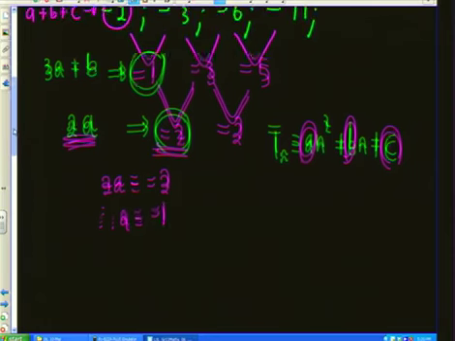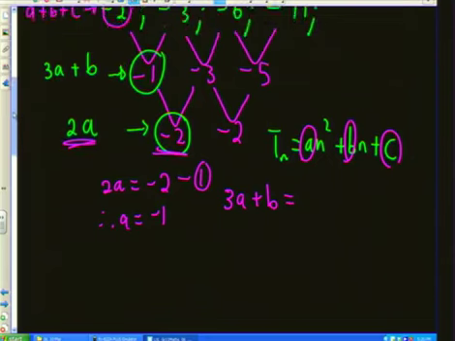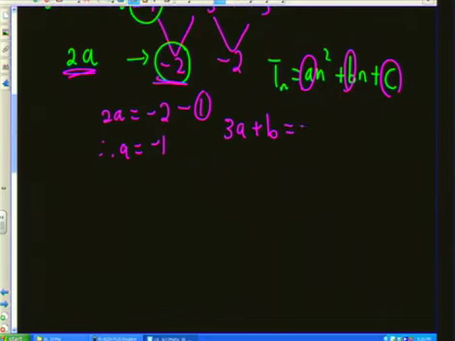If I go up a bit, I know that this is my first equation: 3a plus b equals my first difference, which is -2. But I already know that a is -1, so I can substitute it into equation number 2.